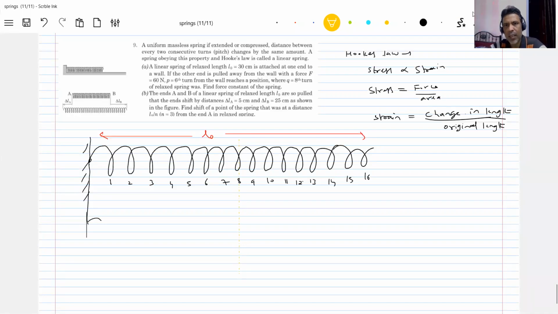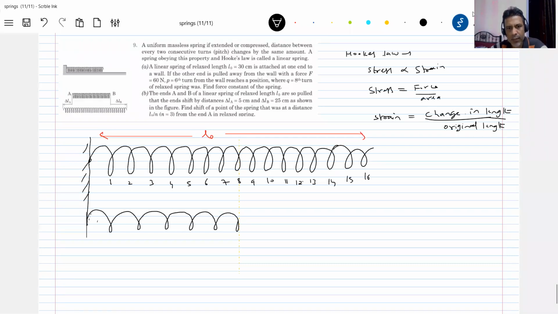The sixth turn will come to the position of the eighth turn. Three, 4, 5, yeah, 6.